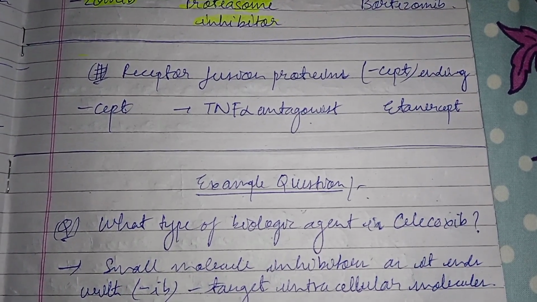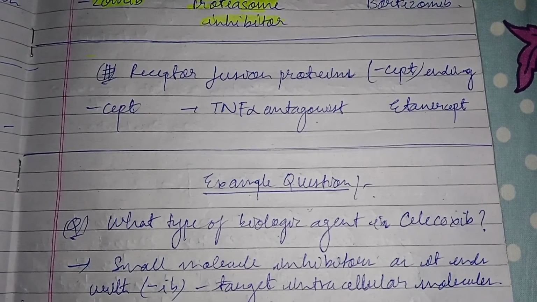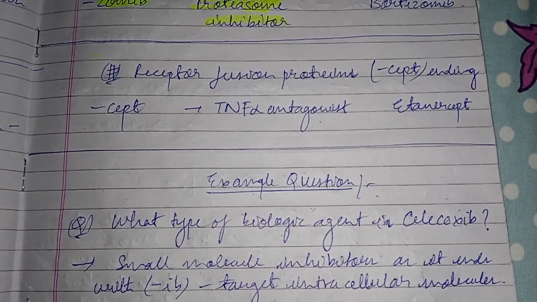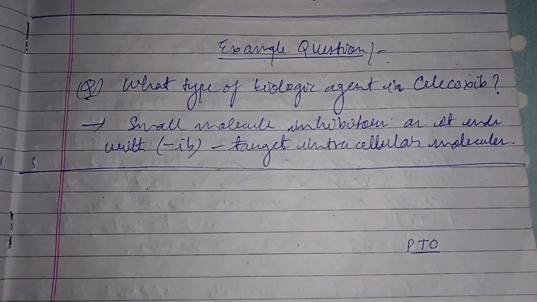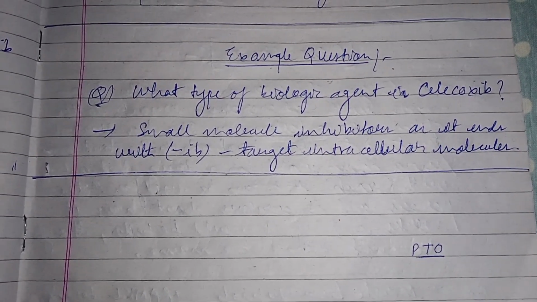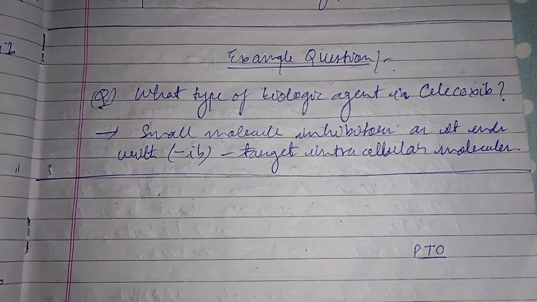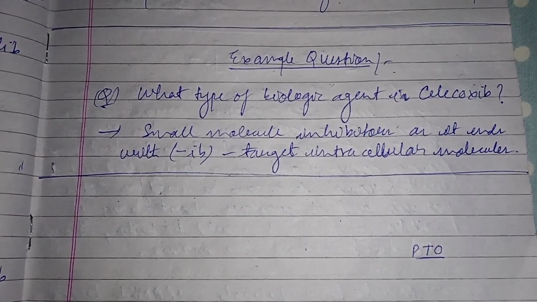So now we'll be looking into an example question to brush up our skills. I hope you are ready. Here is the question. What type of biological agent is celecoxib? The drug celecoxib ends with IB. So what does this mean?